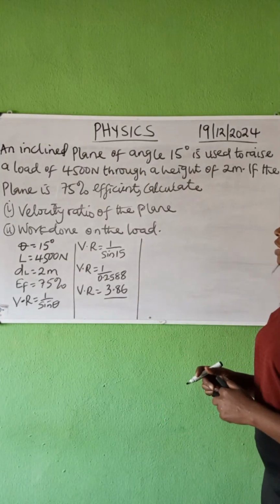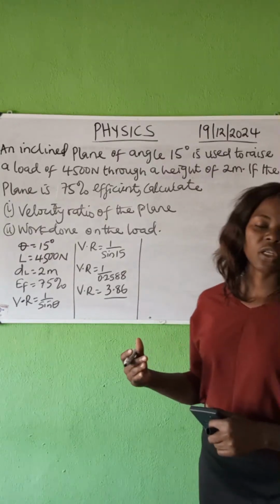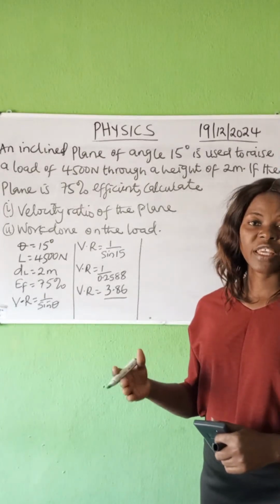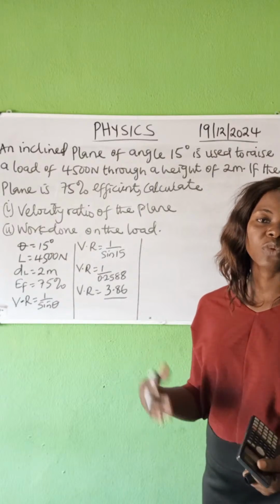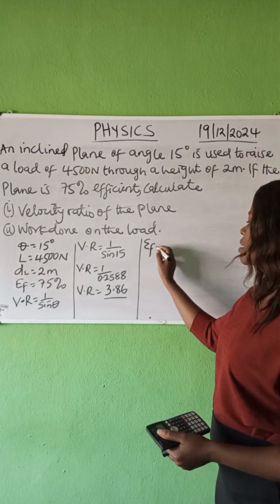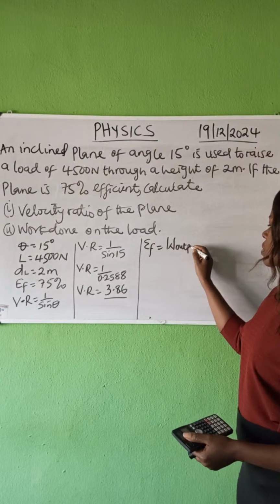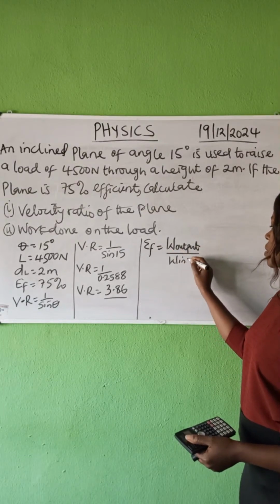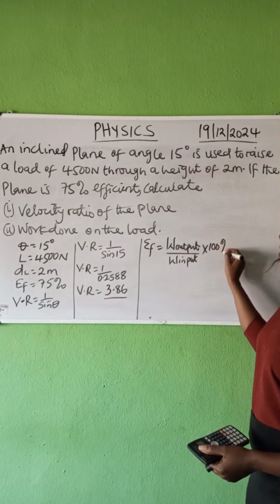The next thing we are looking for is the work done on the load. Which one is work done on the load? Work done on the load becomes the work input, because you are doing work on the load. Now, efficiency is equal to work output over work input, then multiply by 100%.